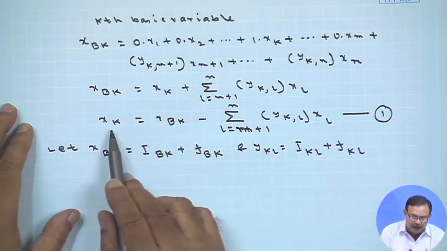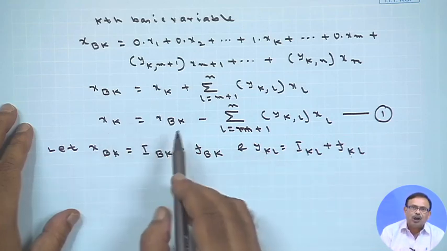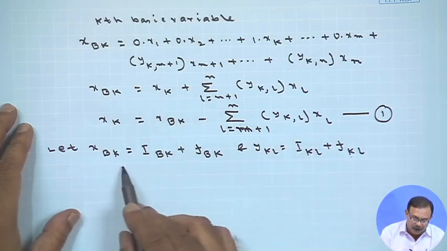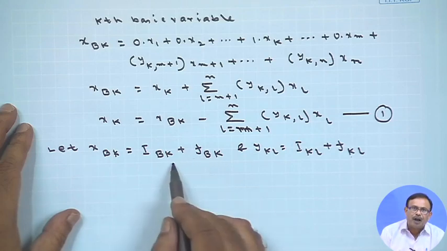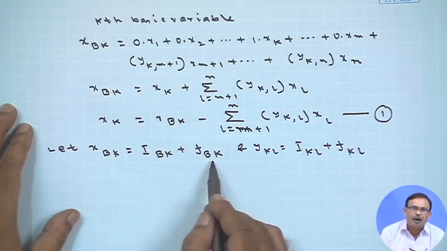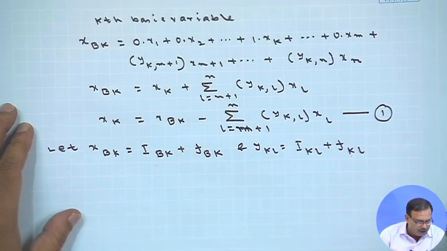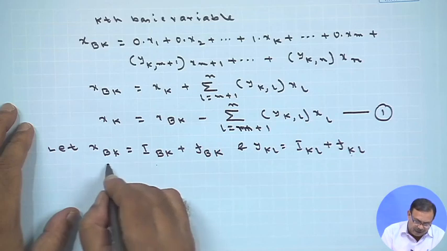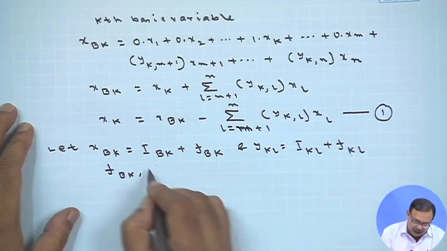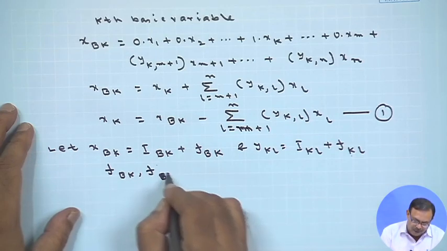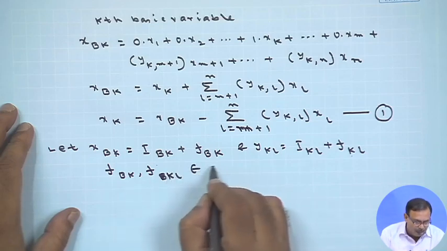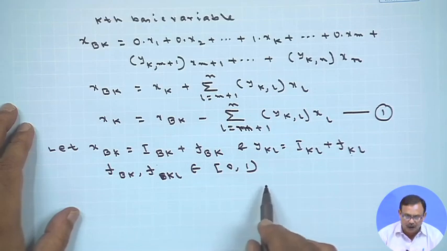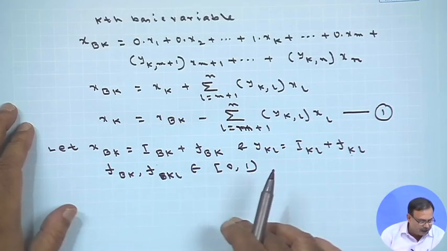Since we are assuming that xk is non-integer, the coefficients xBk and ykl we are writing in terms of the integer part plus the fractional part, iBk plus fBk, where of course fBk and fkl both belong to 0 and 1. Note this is an open interval.